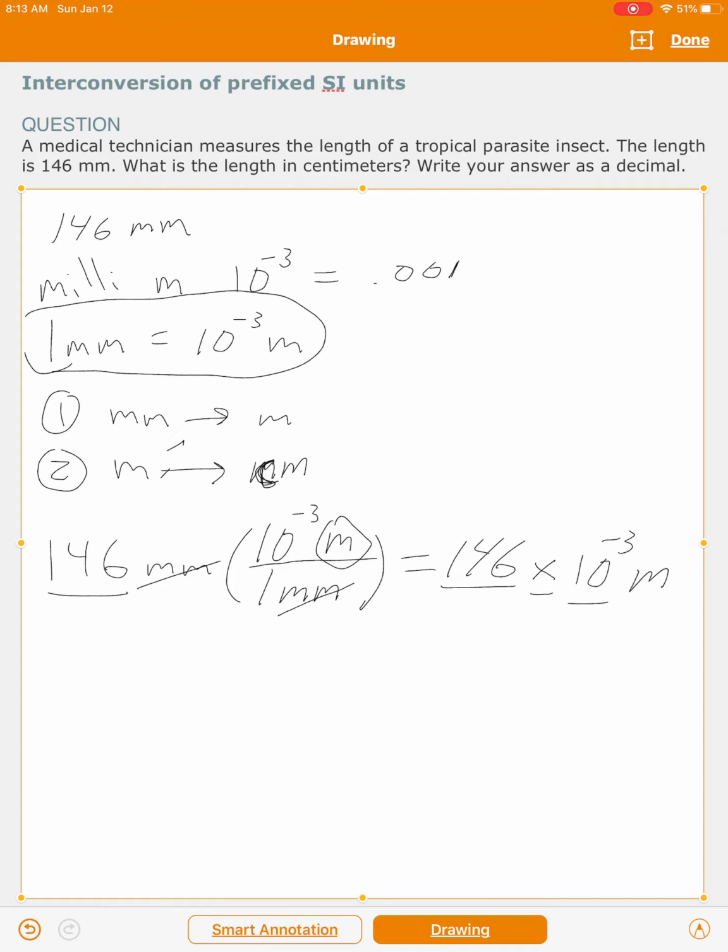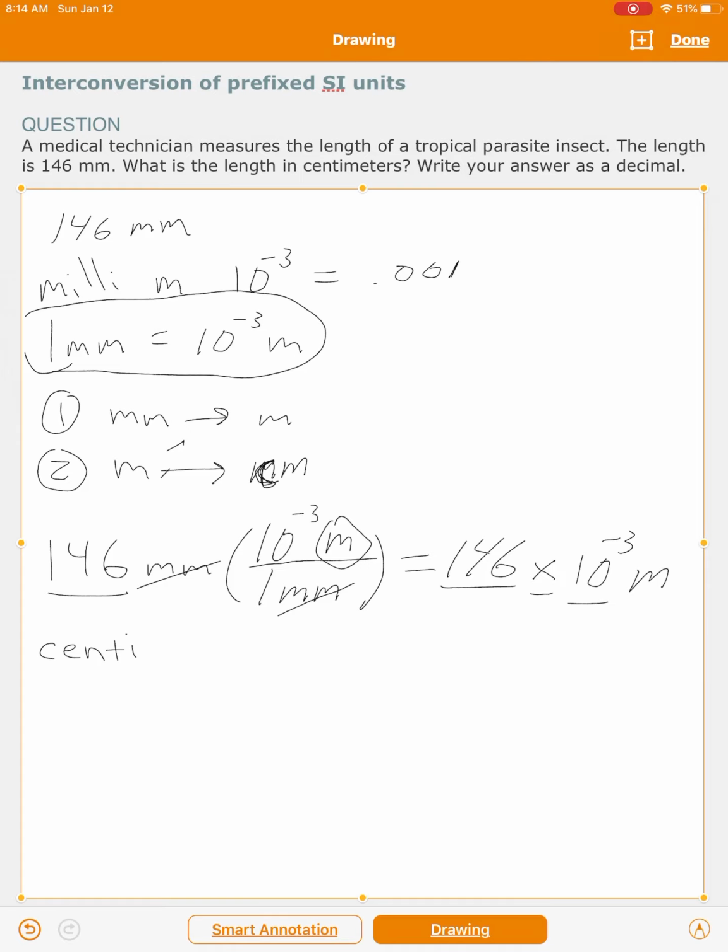This is in meters. Now that's not the answer to the question, because the question was how many centimeters is this? And this might seem rather involved that we're going to do 2 steps, but this is just one way to do it. So now we have 146 times 10 to the minus 3 meters. How do we convert that into centimeters? Well, again, centi is one of those prefixes that's in chapter 1 in that table.